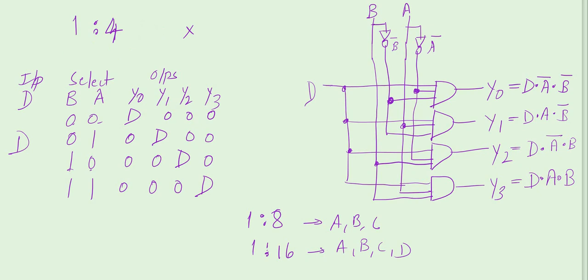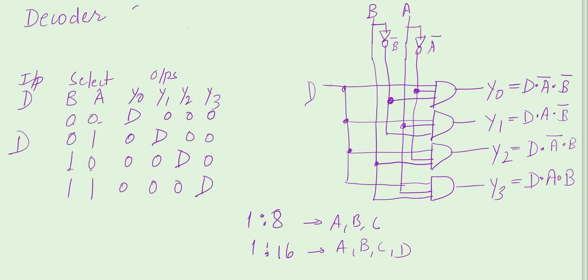So let us try to understand what is decoder. Decoder and encoder is a pair of circuits. Encoder generates the code and decoder finds the meaning of the code. So decoder always has fewer input lines and more output lines, and it decodes the input signal and generates the desired output.